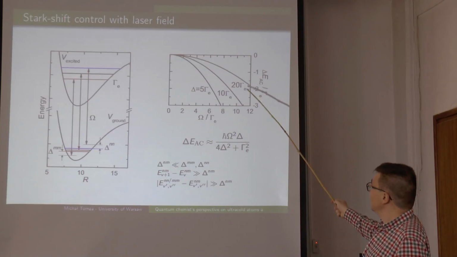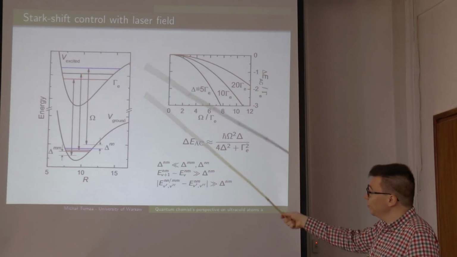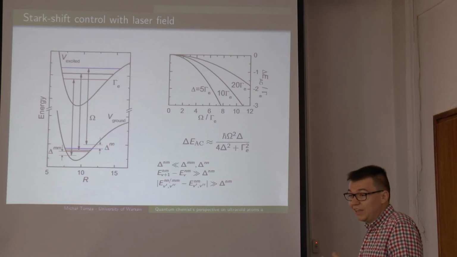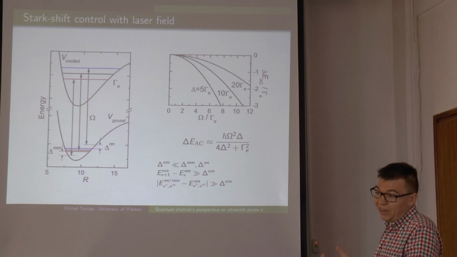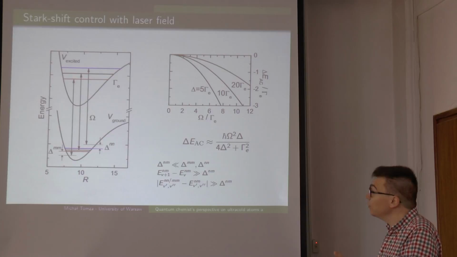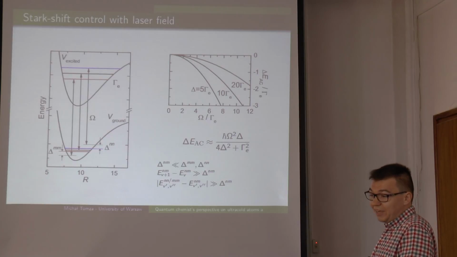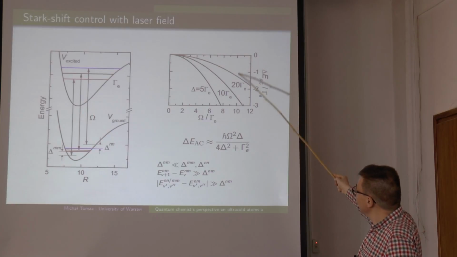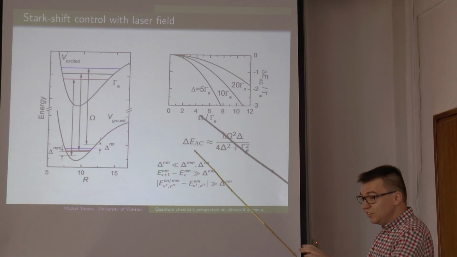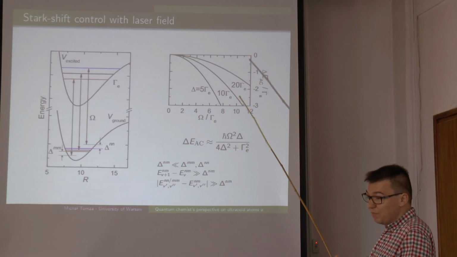In fact, the line width of this transition for heteronuclear or homonuclear alkali dimers is very similar to alkali atoms, in the range of 10 to let's say 40 megahertz. So it means that we can easily induce a Stark shift in the range of tens of megahertz.